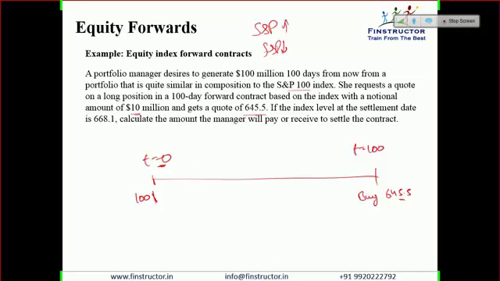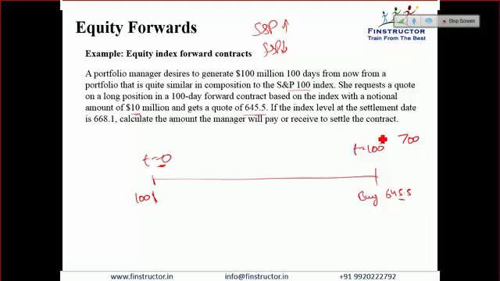If at t equal to 100, actually the price of the S&P 500 index or the index based portfolio is 700, would our portfolio manager have gained or lost? She has agreed to buy at 645.5.